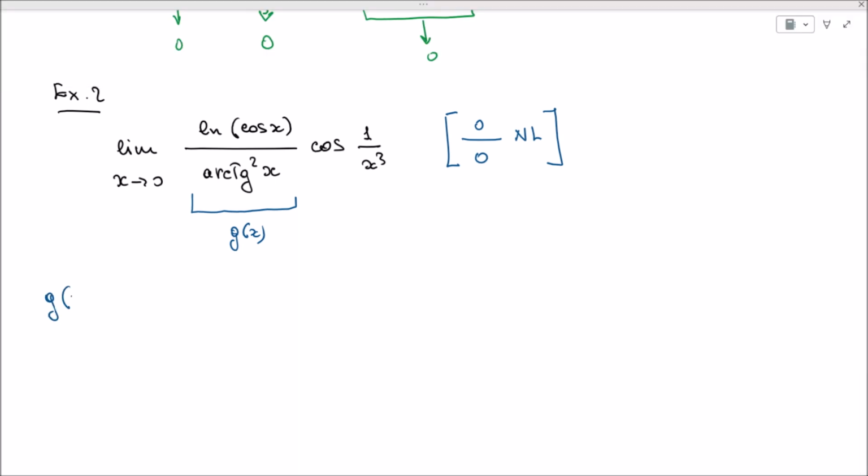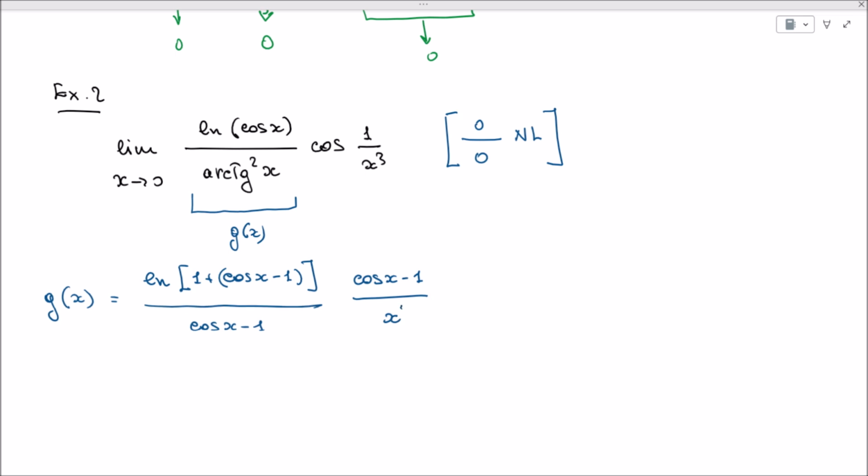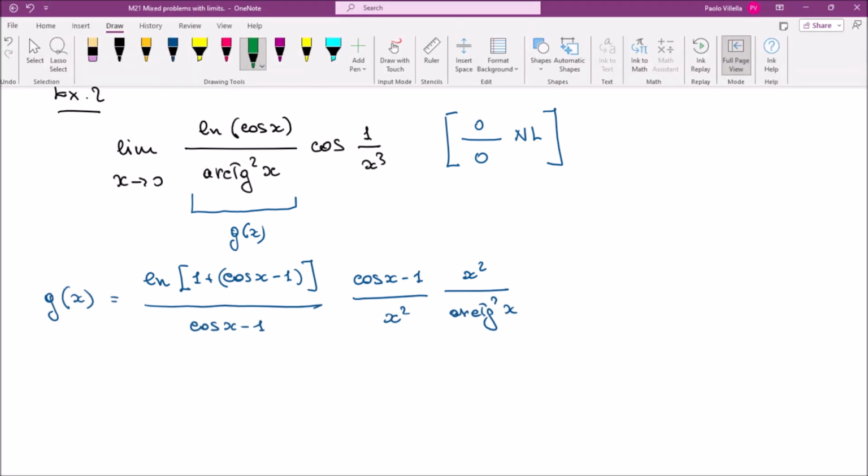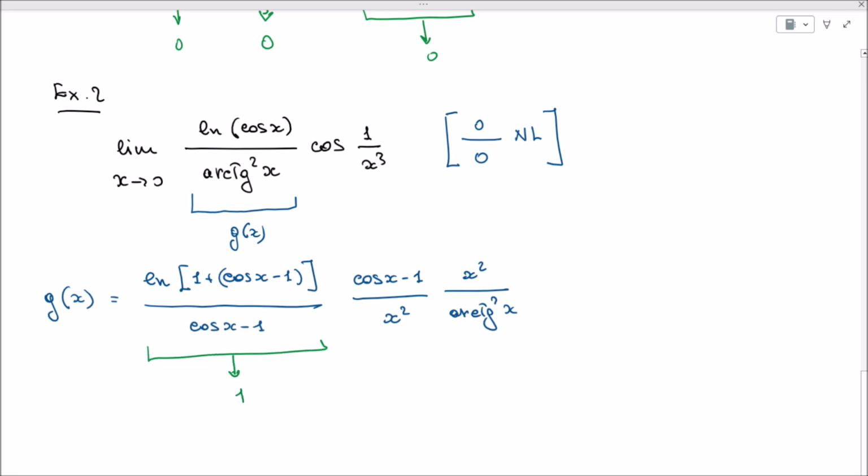We can rewrite g of x as logarithm of 1 plus cosine of x minus 1 divided by cosine of x minus 1, then multiplied by cosine of x minus 1, and then again we divide by x squared, and now we can just multiply by x squared divided by the arctangent square of x, and we see that this limit tends to 1.